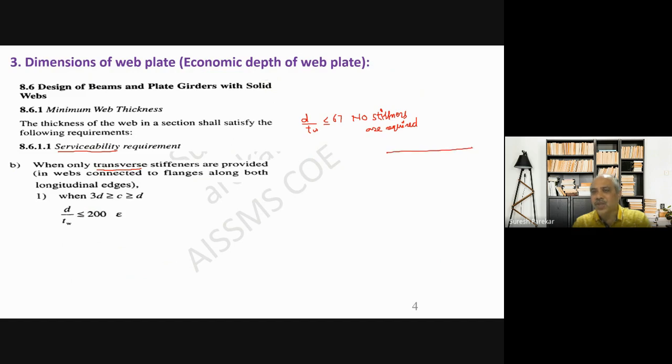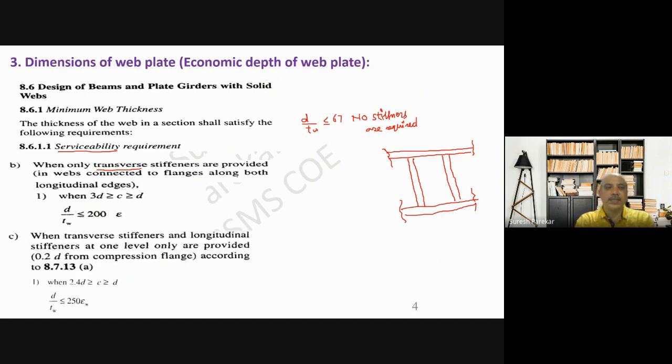If I draw a welded plate girder, this is my top flange, then we have the bottom flange, and in between we have the web. In that case, when we provide these stiffeners at a certain distance in the longitudinal direction, we say that they are transverse stiffeners. There we only have transverse stiffeners.